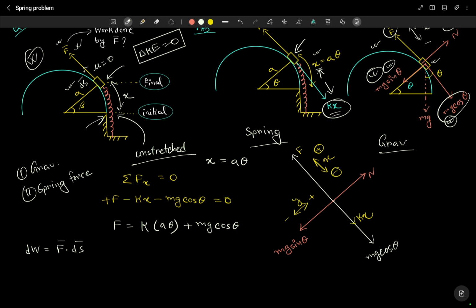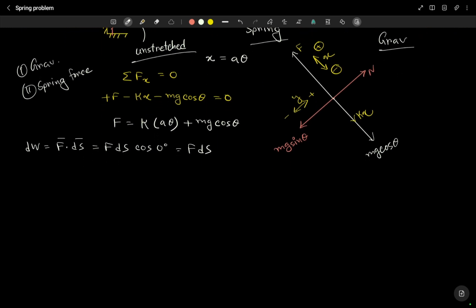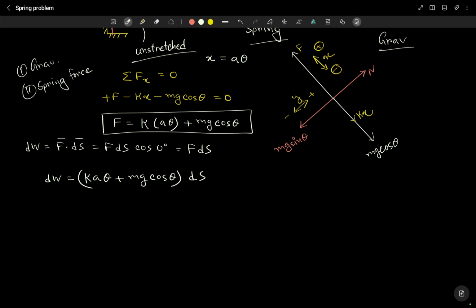So F dot ds will be equal to F ds cos 0 degrees, so it will be equal to F ds. Then dW will be equal to F, and we can replace F with this: k a theta plus mg cos theta, times ds.